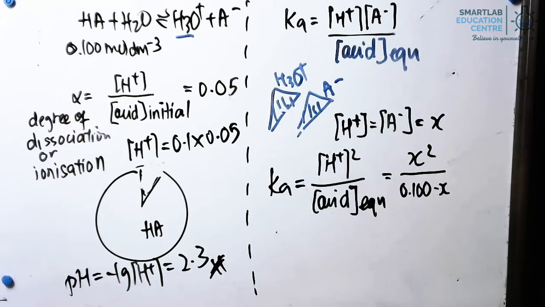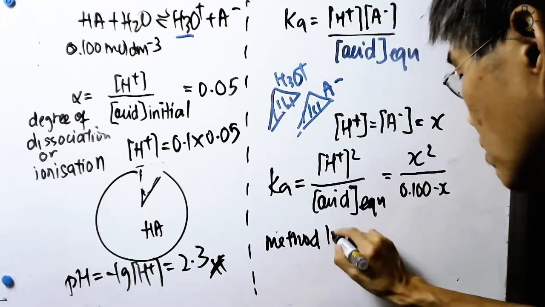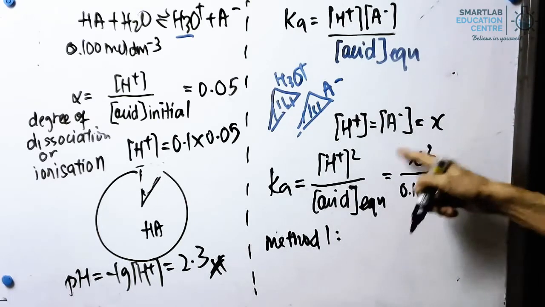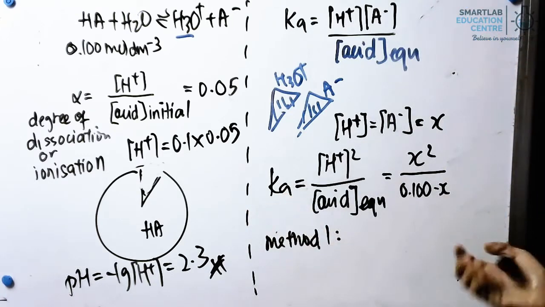At this stage, we just need to add that there are two possibilities for us to work out the numbers. Let's talk about method 1. Method 1 moves forward by solving the quadratic equation. That means we take everything as quadratic and then work it out.